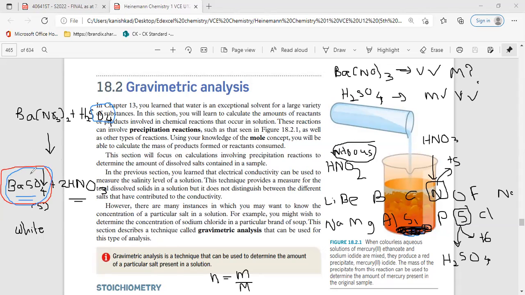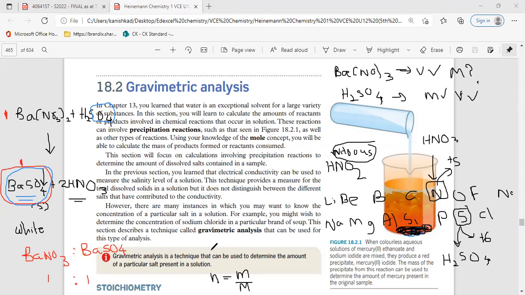Ratio system. 1 barium sulfate is formed by 1 barium nitrate. So the ratio is 1:1, barium nitrate to barium sulfate, which we take from the stoichiometry.